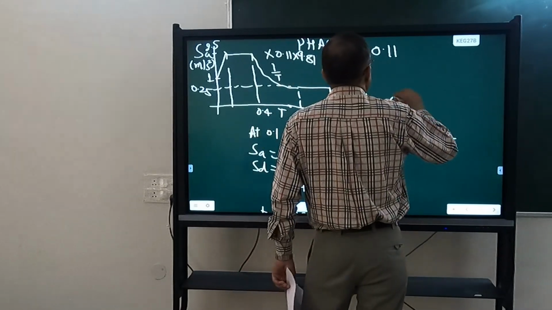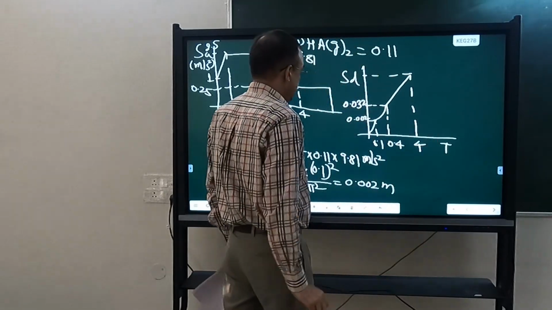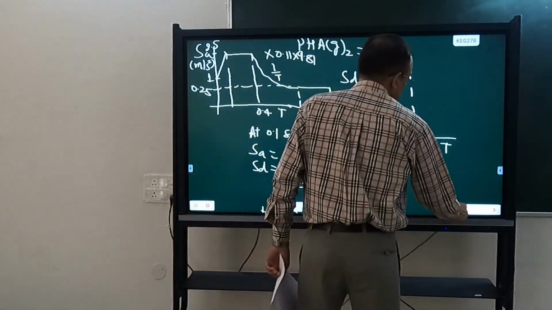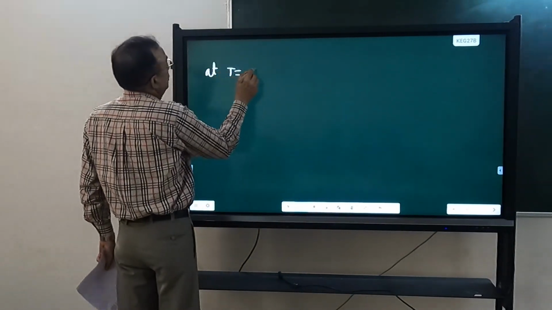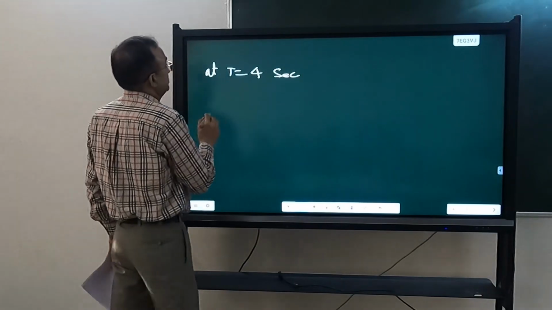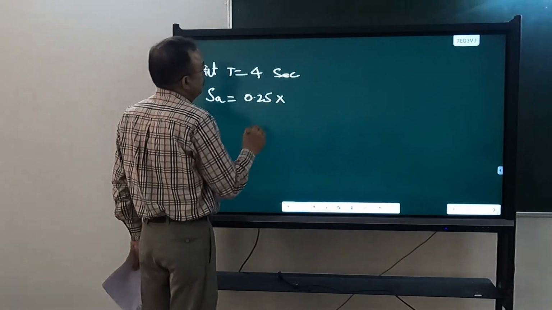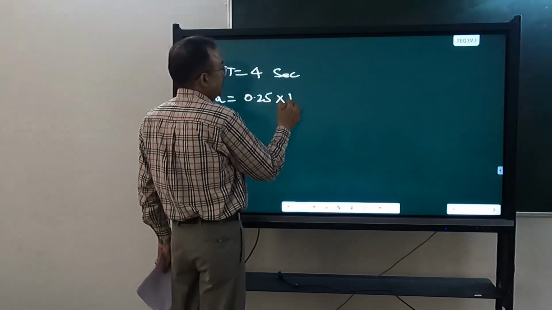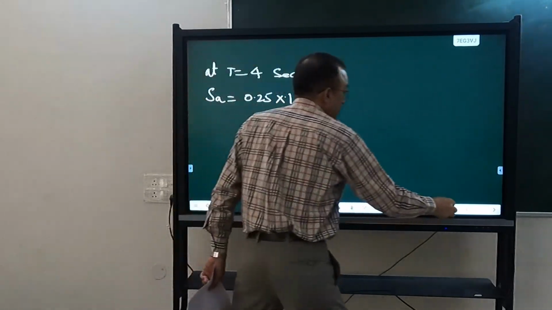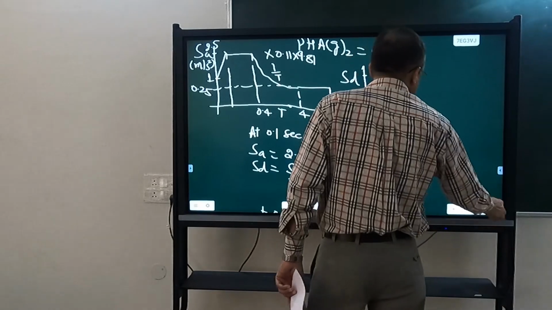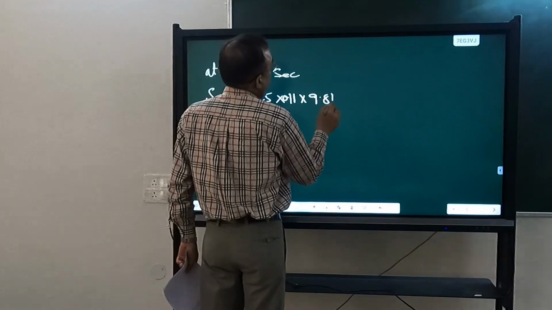Then it will be linear up to 4 seconds. So at t equal to 4 seconds, SA is 0.25 into 0.11, we have obtained 0.11, into 9.81.